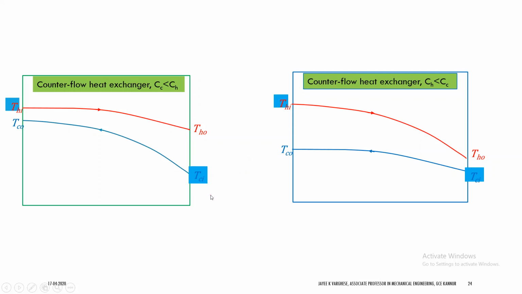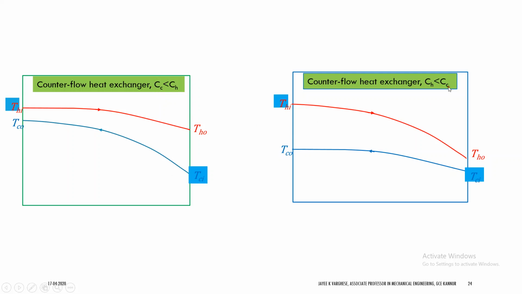So what will be the maximum possible heat transfer given by the limiting case? If the cold fluid is the fluid with the minimum heat capacity, then the maximum possible heat transfer will be the minimum heat capacity into the maximum temperature difference. What will be the maximum temperature difference? TCO will tend towards THI. So instead of writing TCO minus TCI, we can write THI minus TCI into its heat capacity.